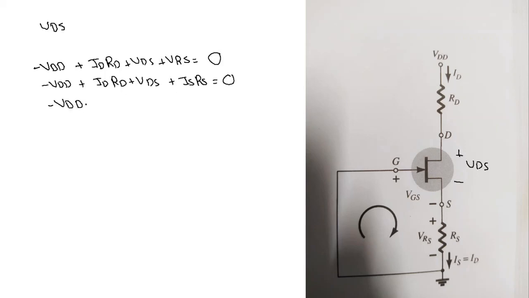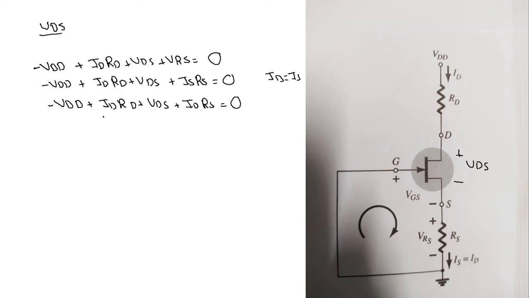Again, minus VDD plus IDRD plus VDS plus ISRS, and we also know that in this case ID is equal to IS, so I can replace this by ID. So this can be IDRS, and this is again going to be equal to 0. From here we are going to find the VDS.